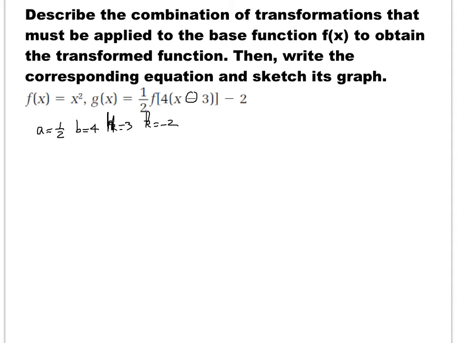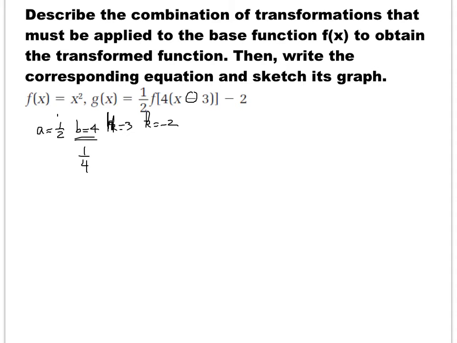This means that if we start with the graph of the base function f of x is equal to x squared, we have to compress it by a factor of 1 over 2, because a is 1 over 2, which is between 0 and 1. And since b is equal to 4, because it's greater than 1, I have to compress it along the x-axis by a factor of 1 over 4.